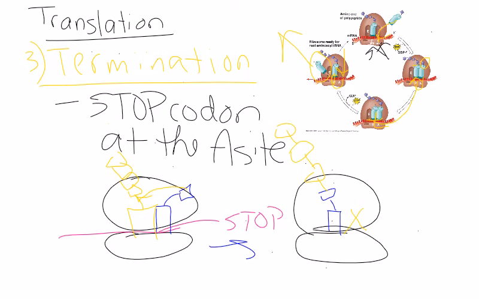And what's going to happen now is that this amino acid chain, this polypeptide, will detach completely from the tRNA, and it will become a free-floating chain of amino acids that will then be coiled and folded into a polypeptide. So we'll have an amino acid chain, breaks off from our tRNA at this point once the stop codon is reached, and then the two subunits of the ribosomes will also dissociate with each other.